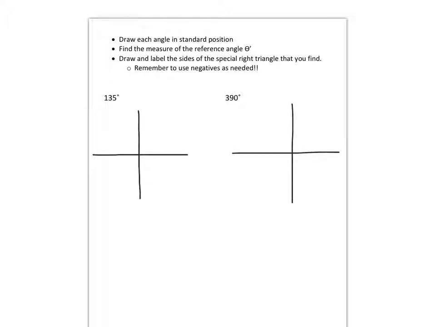Okay, 135 is bigger than 90 and smaller than 180. So how much bigger? We'd have 180 minus 135, so we have a 45-degree reference angle right here.